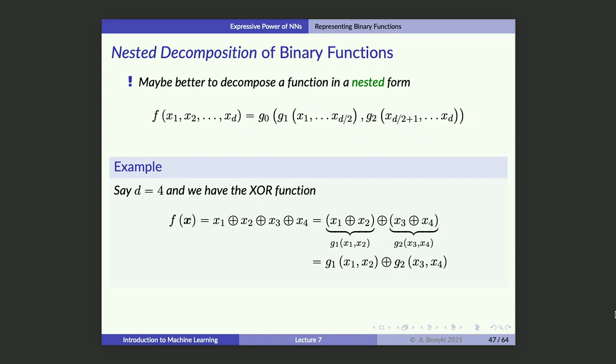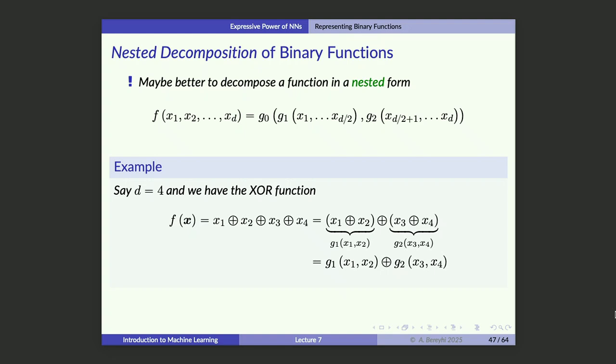If I want to XOR 4 different binary variables, well, I can just compute the XOR of the first two. I can compute the XOR of the second two, right? And then I can XOR those XOR values, right? So my final function is a nested function of XORs. So XOR of 2 variables, then coming out of those XORs, 2 binary variables, I again XOR them, and then I get my final function, right?